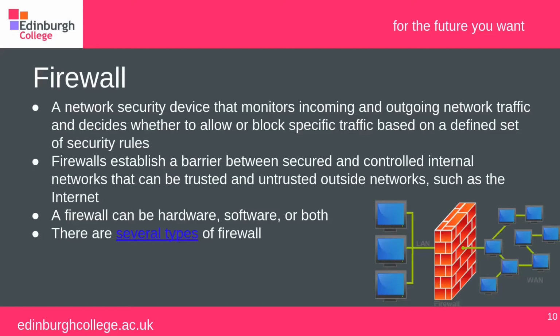Now, a firewall can be a hardware device or a software device. There's several different types of firewall that you can get. Remembering back to the beginning of this topic, within that we have our stateful, stateless, and stateful packet inspection firewalls. So a good way to think of a firewall is it's something that will deny packets.